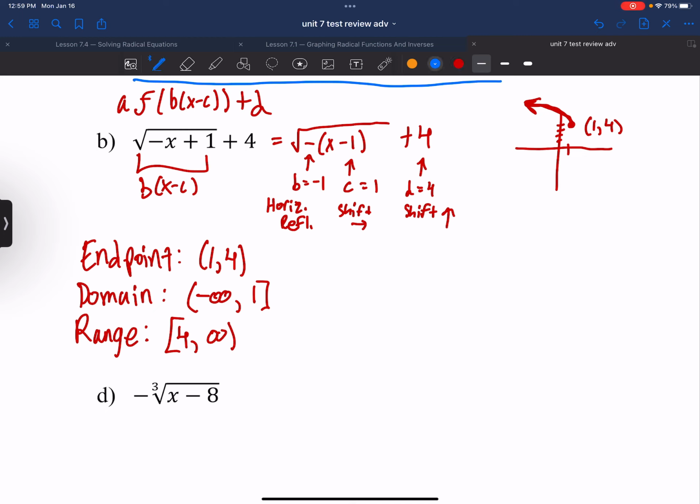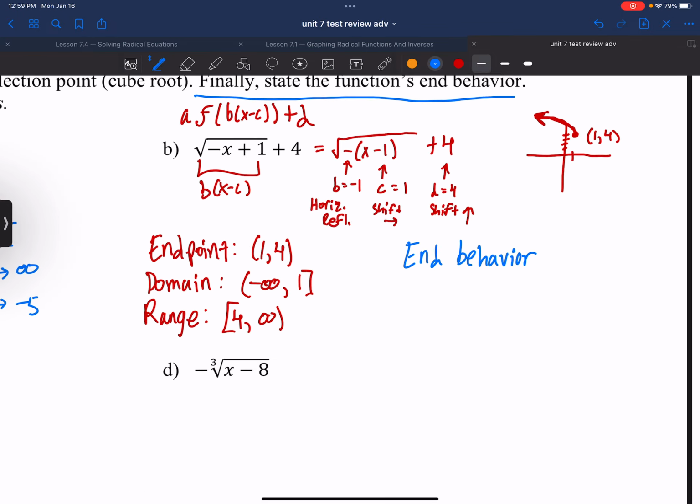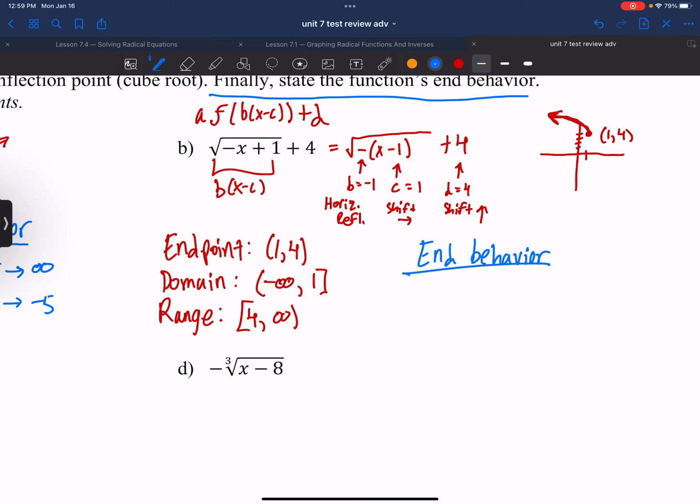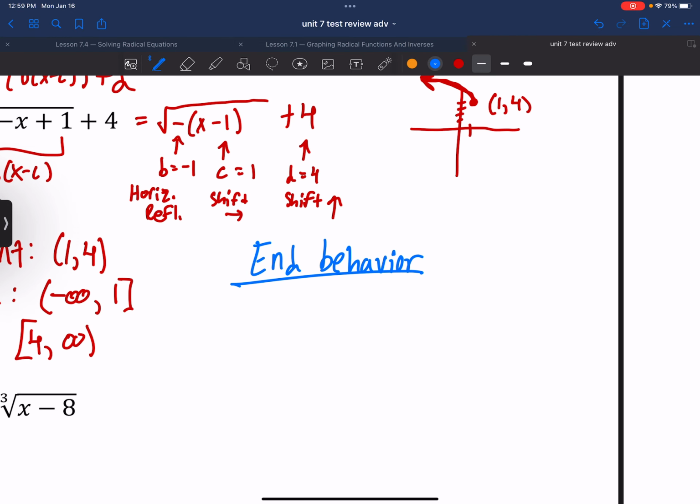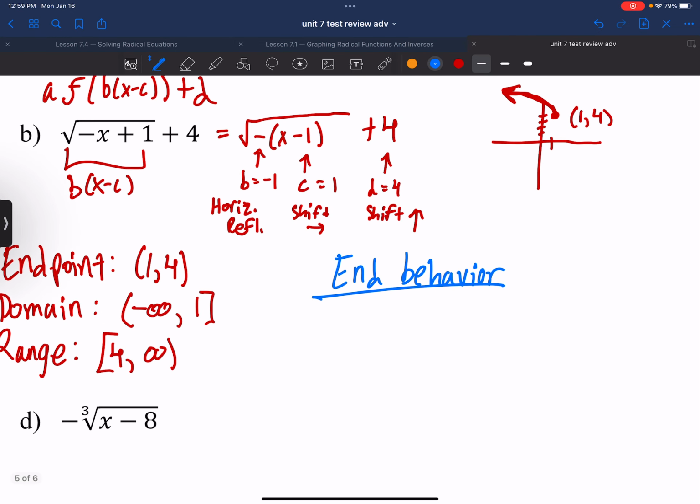So let's try and describe the end behavior here. End behavior. Okay, I did a little underline. And again, this is as x approaches the right versus as x approaches the left. So I'll say as x approaches, you know, that little arrow means approaches, as it's going to where? Well, on the right, it hard stops at 1.